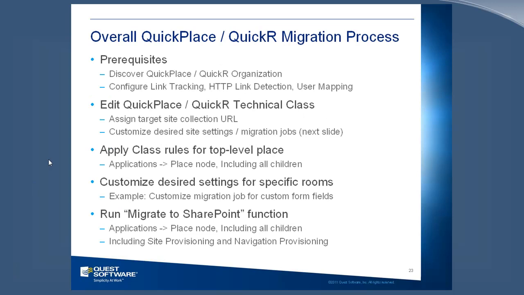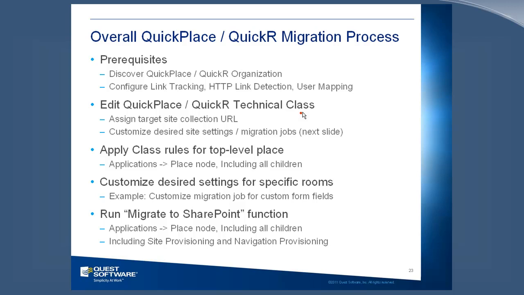So the overall process is similar to what I showed you for doing a bulk migration of a bunch of Notes databases. First you do the discovery, and then you make sure you configure the link tracking service properly and the user mapping properly. And then you'd go and edit the QuickPlace and QuickR classes to do what you want to do.